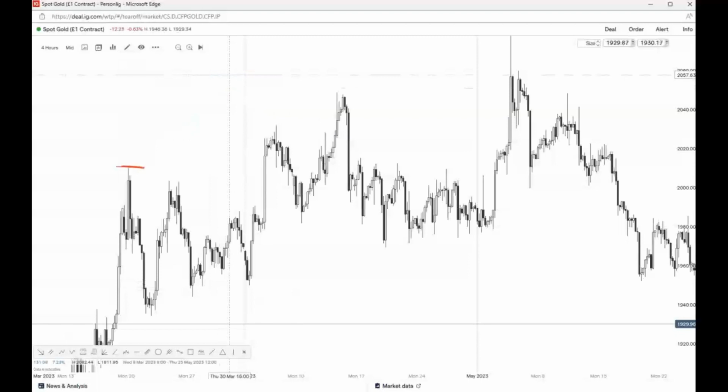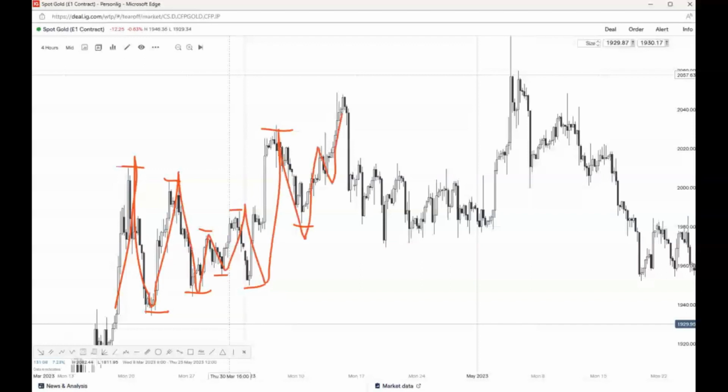You need to see top, bottom, top, bottom, top, bottom, top, bottom, top, bottom. You need to be able to see these moves the market is making in order to see where the patterns are.